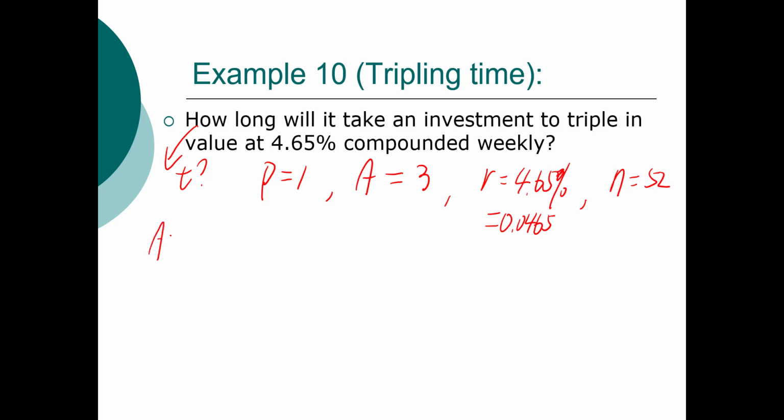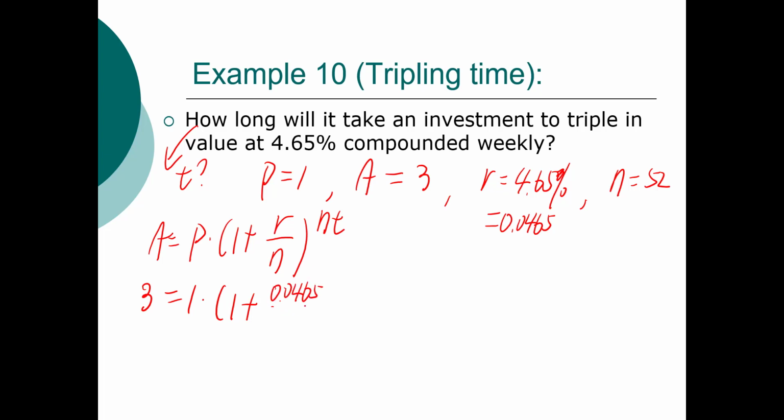Any balance equals principal times 1 plus rate over the compounding period. Remember, we only use two formulas in this section: the simple interest formula and the compound interest formula. 3 units for 1 unit times 1 plus rate 4.65% over 52, and then 52t.